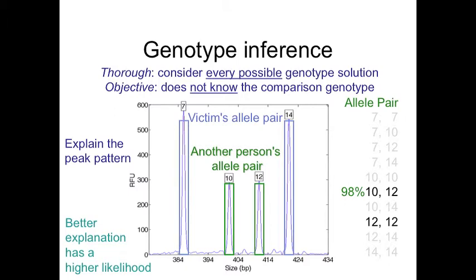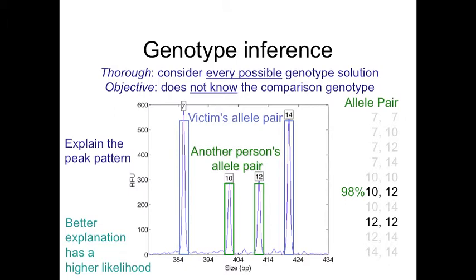But the computer's moving the rectangles everywhere. It's trying out an 8 and a 19 in different amounts, different heights. Most patterns don't explain the data very well, and they get less likelihood, and those genotypes become less probable. Some patterns explain the data better, and those explanations confer higher probability to their genotypes.